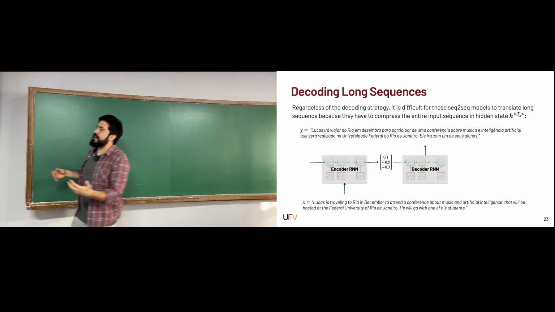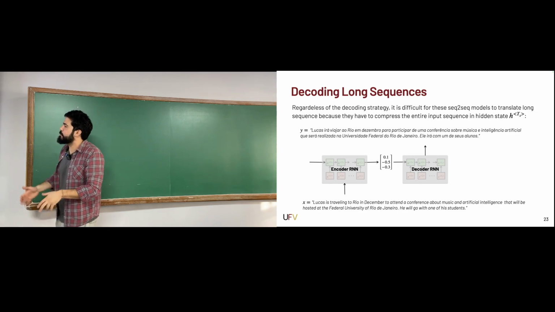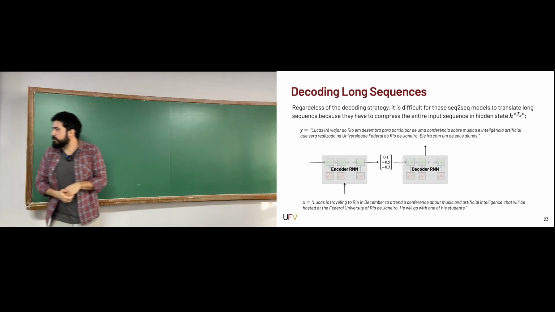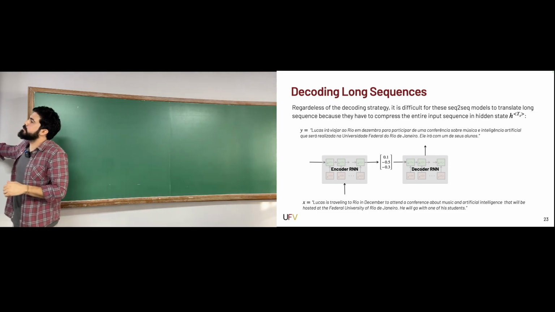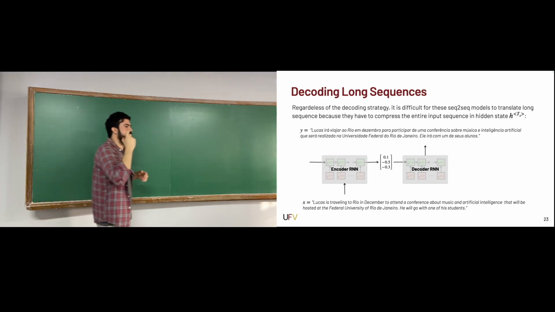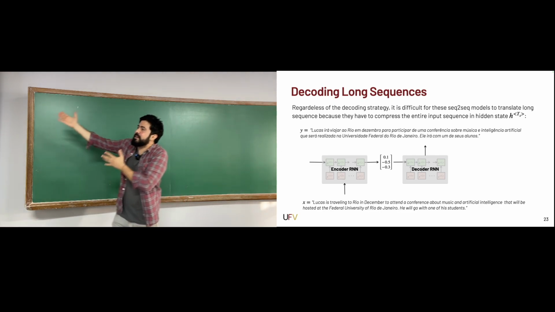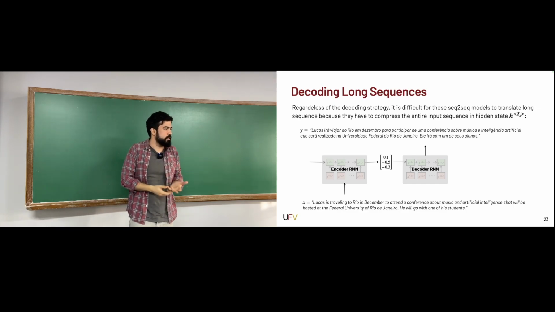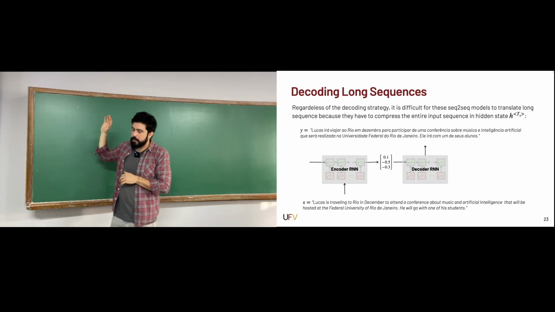So if I had a very long input sequence, like "Lucas is traveling to Rio in December to attend a conference about music and artificial intelligence that will be hosted at the Federal University of Rio de Janeiro, he will go with one of his students", right? If I had such a very large sentence like this, a vector with only 3 numbers would have to compress that whole sequence, and that makes it very hard for the decoder to be able to decode a good translation, right? Which would be that, "Lucas irá viajar ao Rio em dezembro", blah, blah, blah, right?